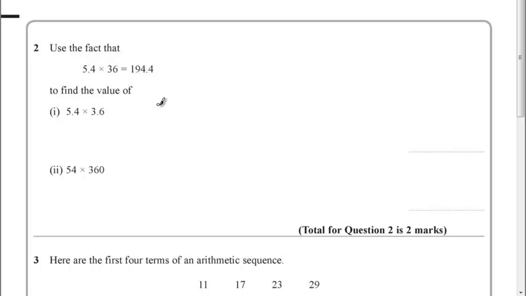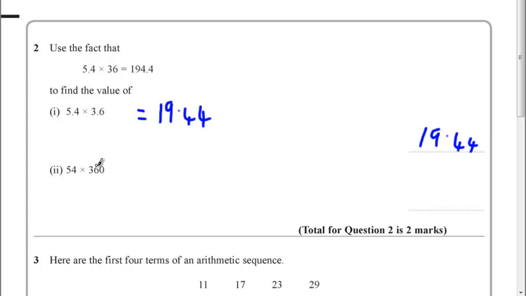So we can say that one will just equal 19.44. Put it over here. And this one here is, that's 54 is 10 times bigger than that. 360 is 10 times bigger than that.